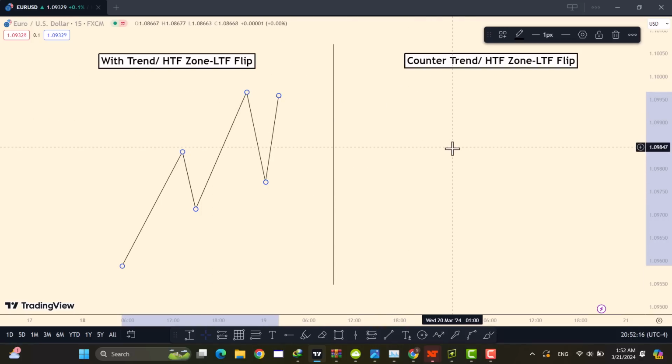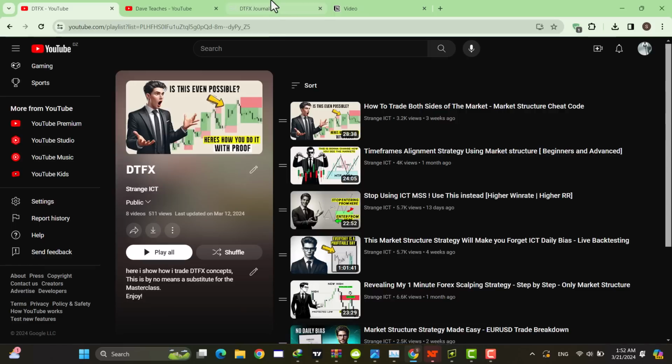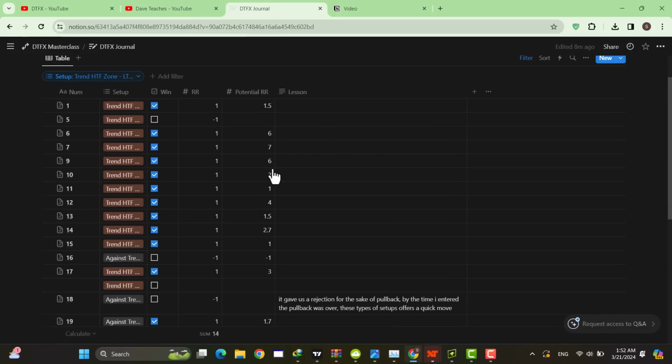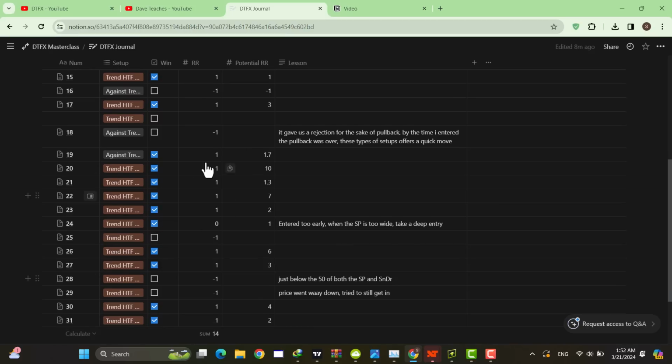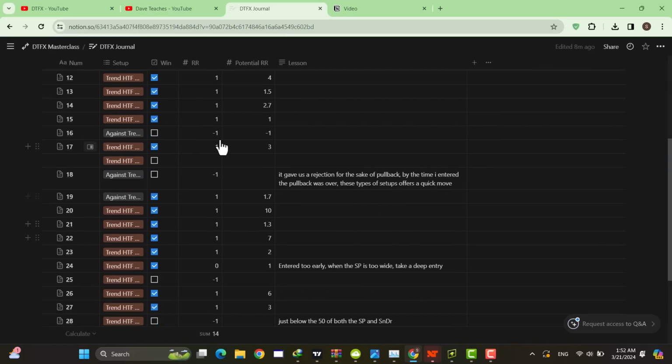Next, I'm going to share with you my examples, both live examples, live trades that I took using this model, and backtesting results. I also have backtesting results here. As you can see here, I have other journals, but I'm going to focus on this journal right here.